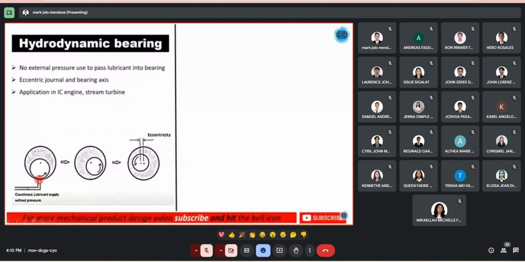So without any external pressure, at atmospheric pressure, we are passing the lubricant between the surfaces. When the shaft runs during the working condition, the pressure will generate, and at some point the lubricant will move towards the center.